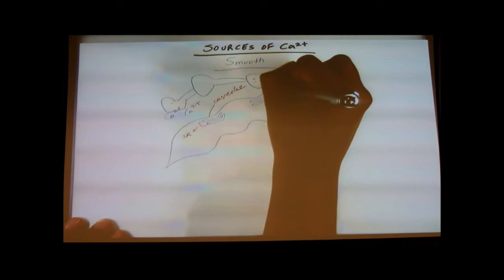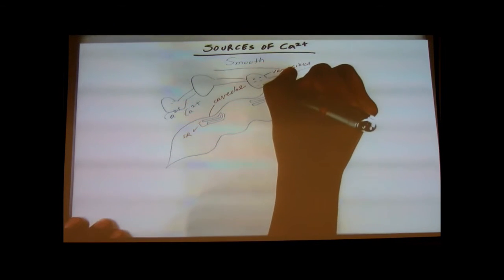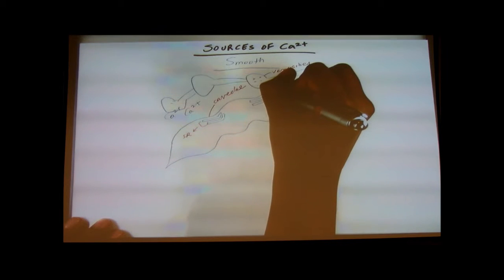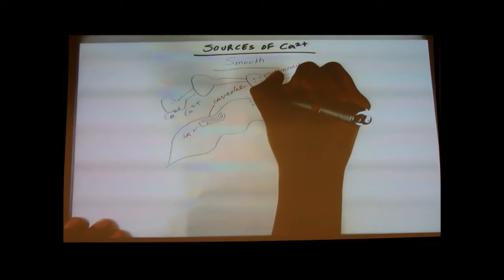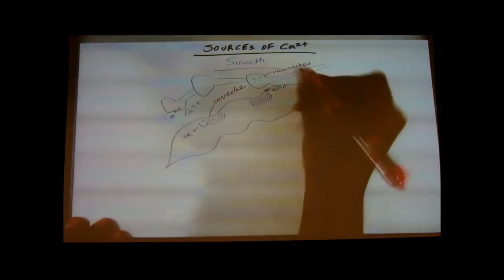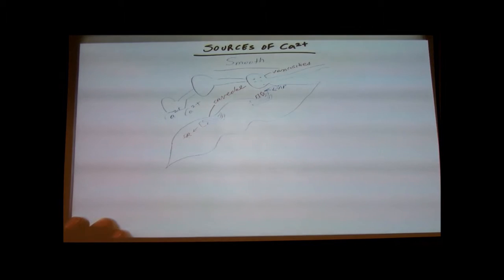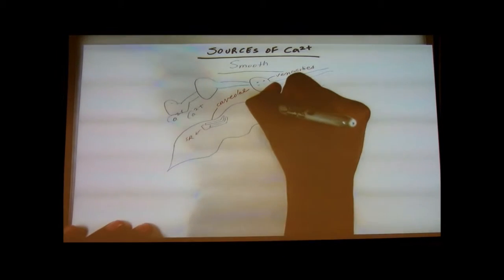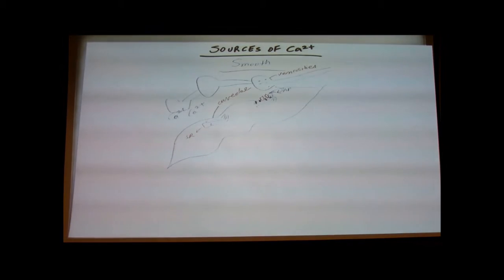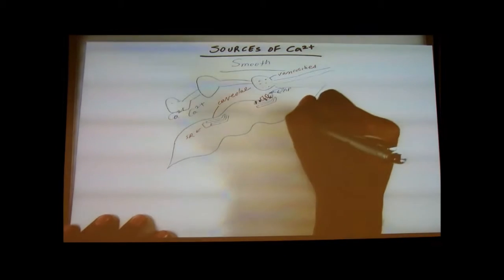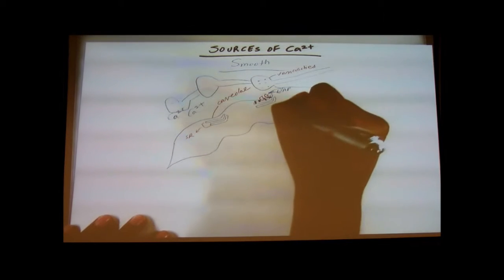But overall what happens is the propagation of any form of potential or depolarization, again, triggers these receptors on the caveolae surface. Again, the DHP receptors, and then you have the ryanodine receptors on the sarcoplasmic reticulum, and there's various ways in which you get a calcium ion source inside the cell.